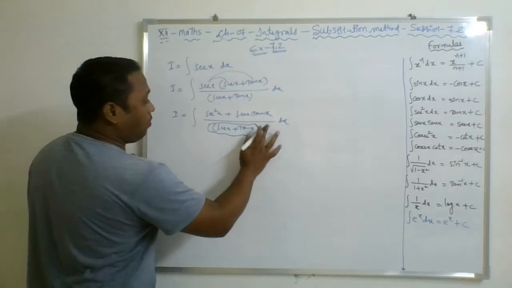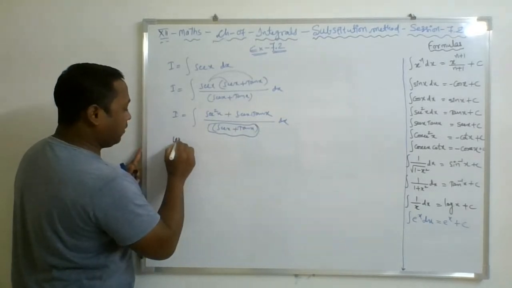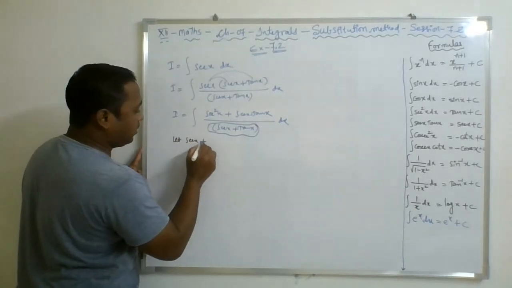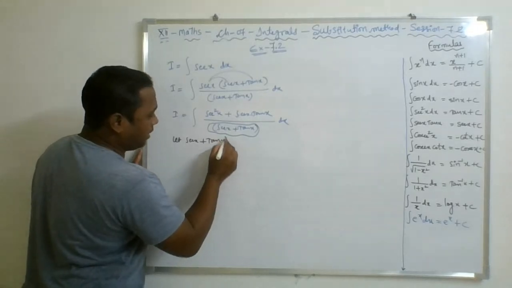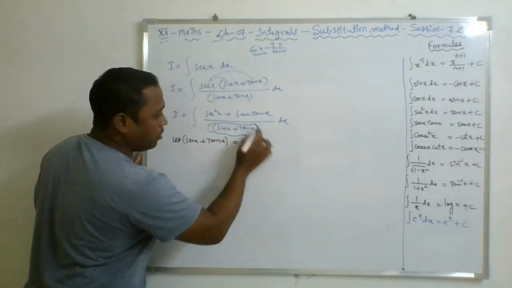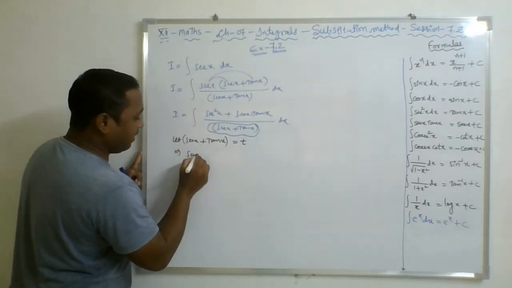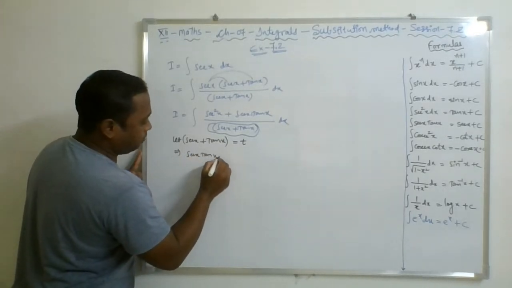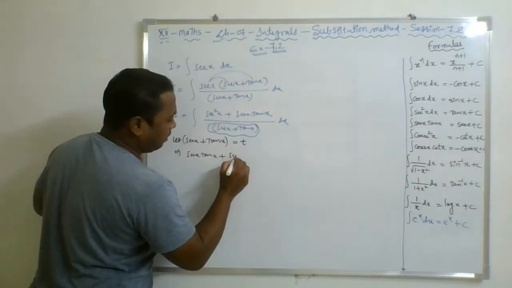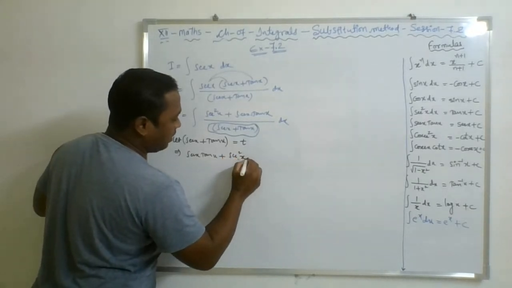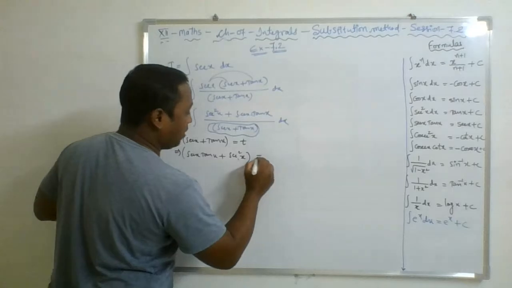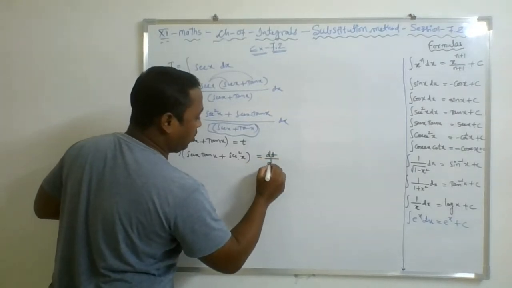So ultimately, let the entire denominator, sec x plus tan x, be t. Its derivative is sec x tan x plus sec square x, which is equal to dt upon dx.